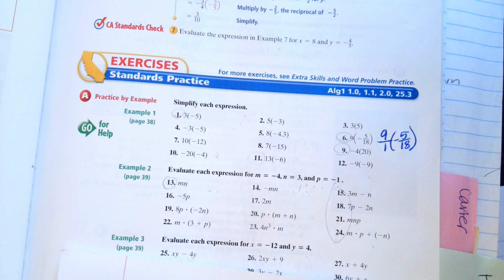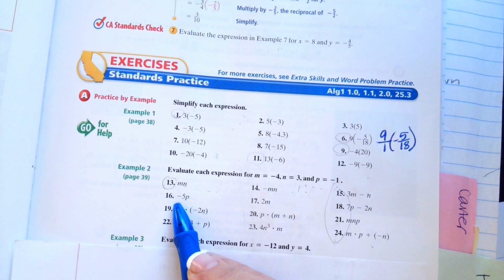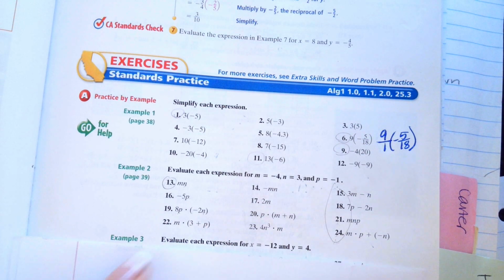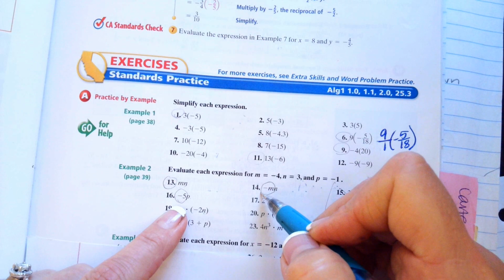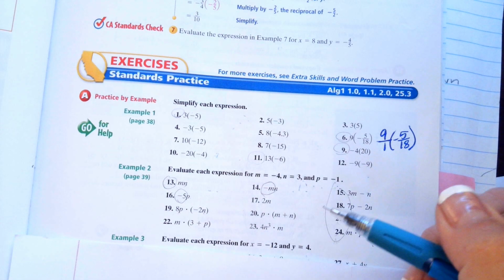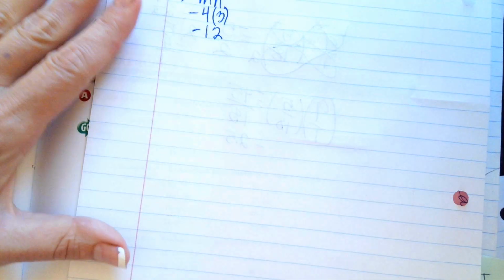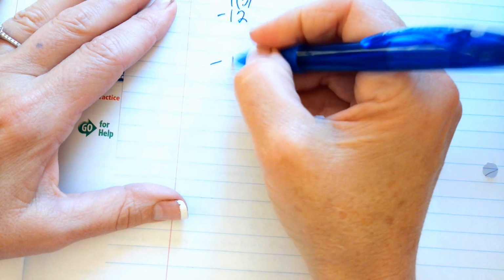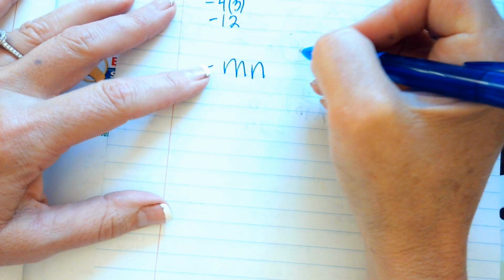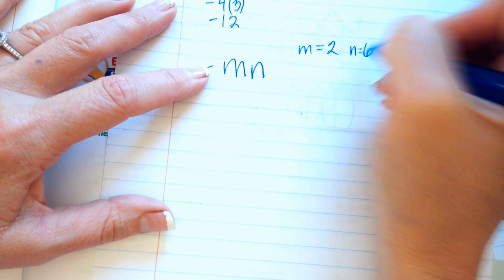The important thing to remember is that this negative sign that's out here is only going with this part right here. It's different than an exponent. So for this one, say I had negative M times N, and say my M equals 2 and my N equals 6.